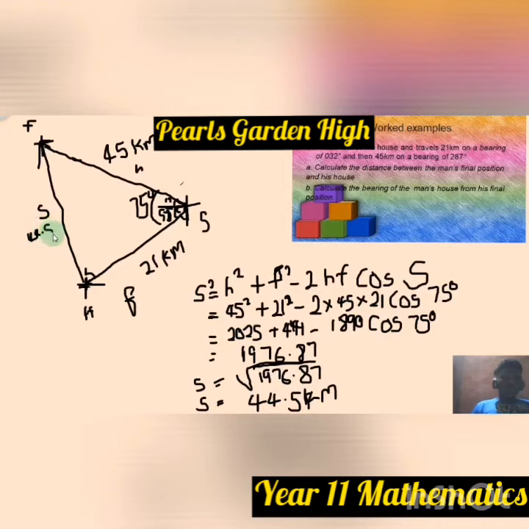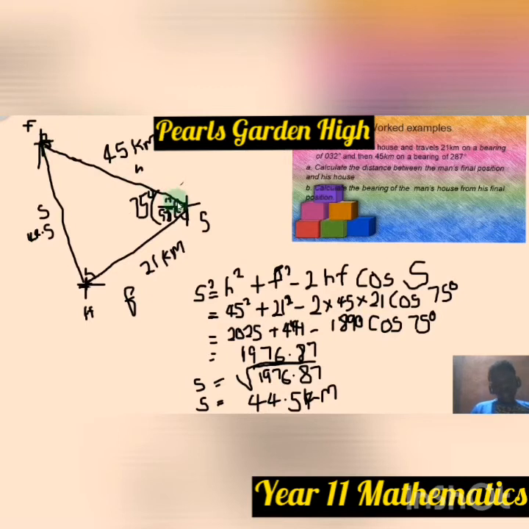The next thing to find is the bearing of the house from his final position. So this is his final position. From his final position, we are coming from here, north of this place to this particular point. So take note and be careful that from this place to this point is 90, and this angle here is going to be equal to this point also.